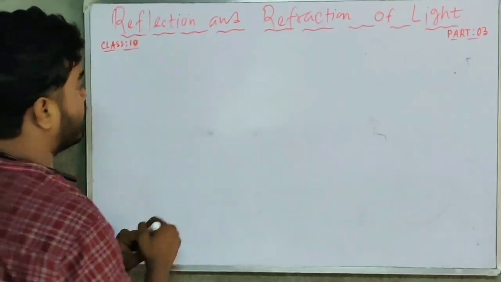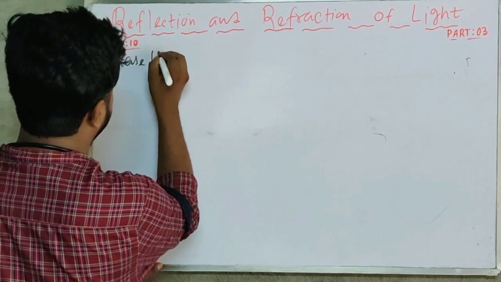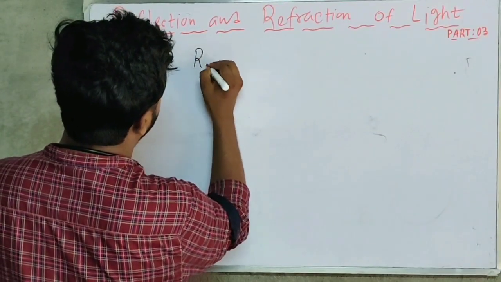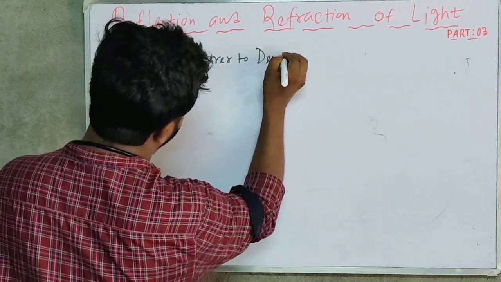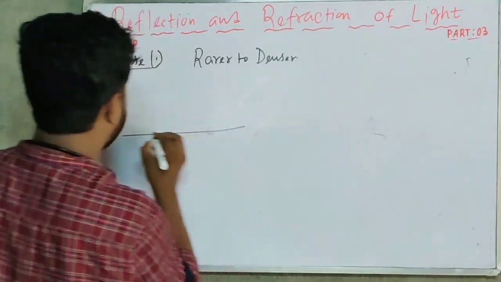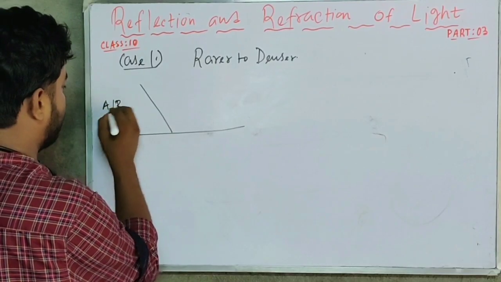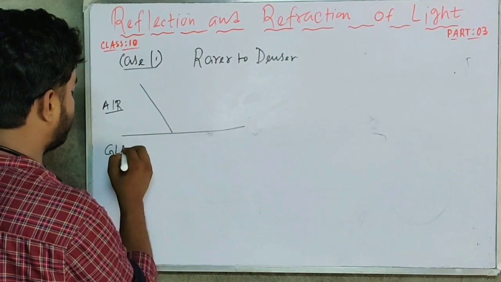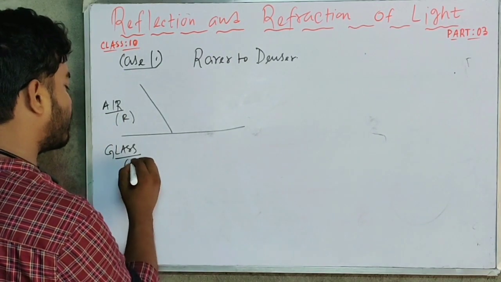Case 1: if light travels from rarer to denser medium, what will happen? Just write rarer medium to denser medium. So this is air and this is glass, suppose. Here is the rarer medium, this is the denser medium. Clear?